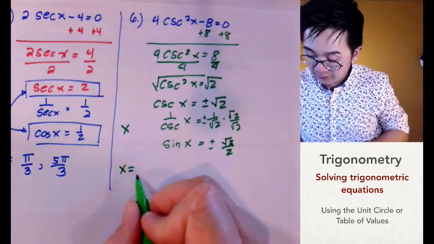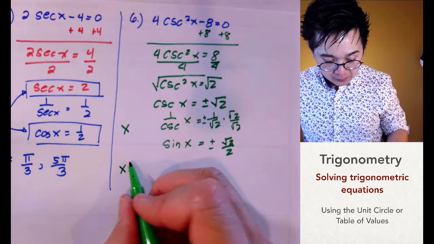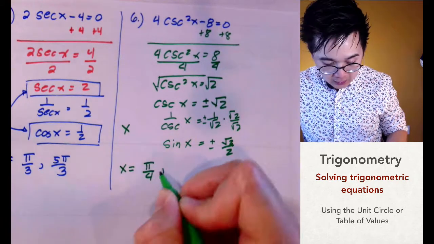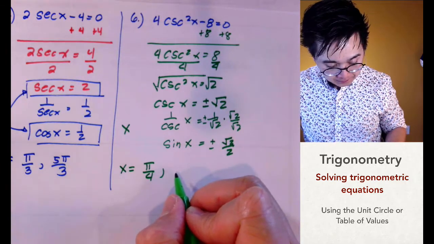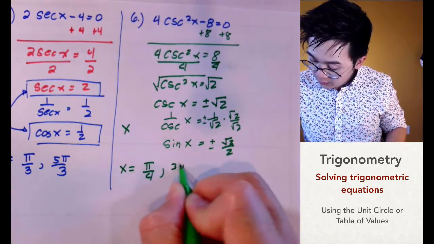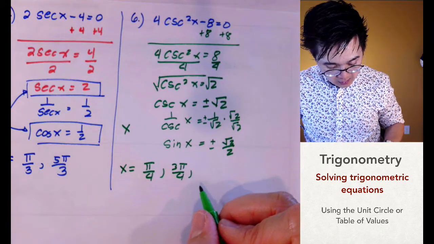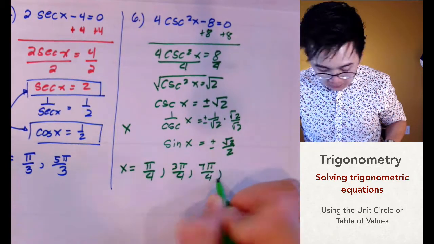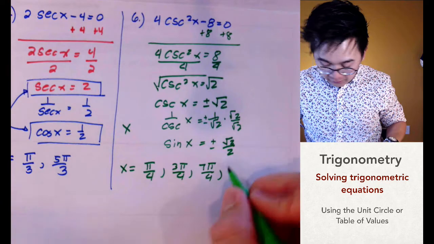So let's go ahead and find it. So sine x equal to square root of 2 over 2 is pi over 4. And we'll have 3 pi over 4, 7 pi over 4, and 5 pi over 4.